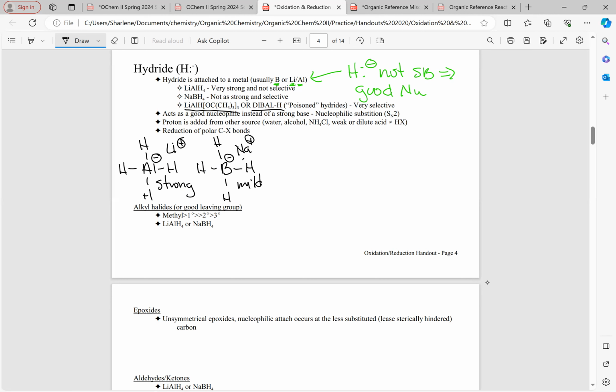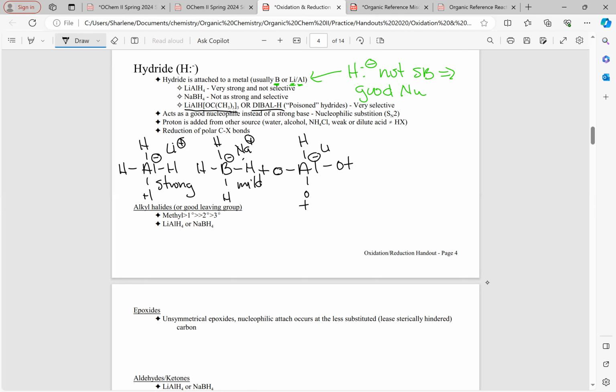So this one is lithium tri-tert-butoxy aluminum hydride. This is what it looks like. So aluminum with a t-butyl group, a t-butyl group, a t-butyl group. So there's three of them, there's the tri, then it's got a hydrogen on it, and that is a negative charge.